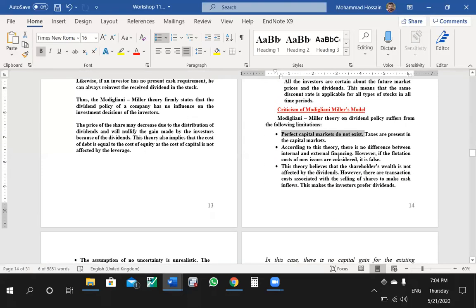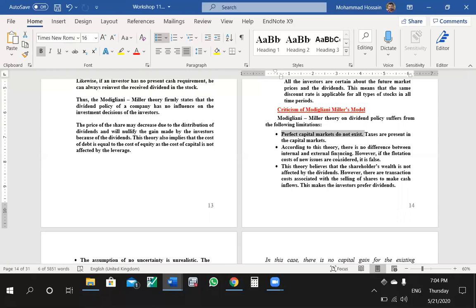According to the theory, there is no difference between internal and external financing. Internal financing is good. With external financing, you have to pay something in return, if you take from a bank, if you issue shares, whatever it is. If you can do the financing from within your retained earnings, that's the best.